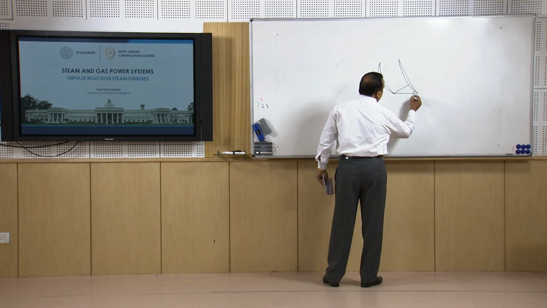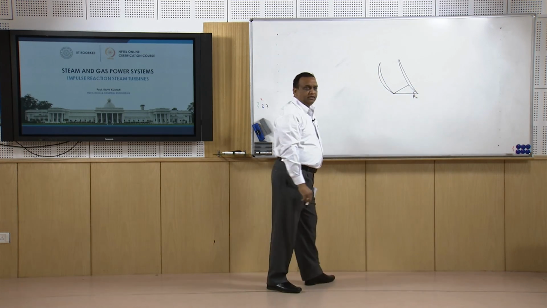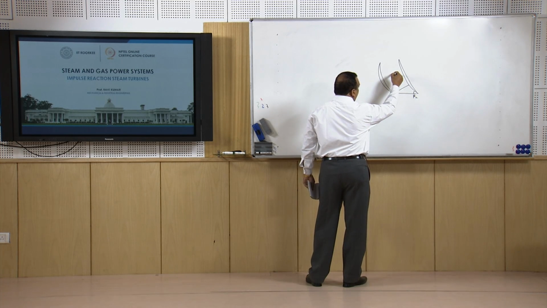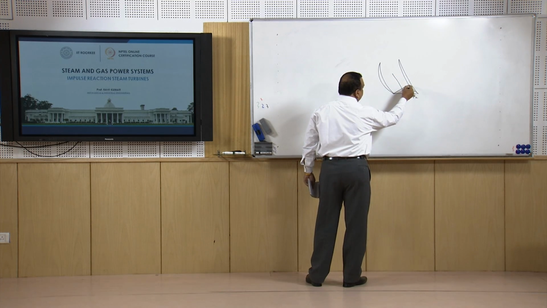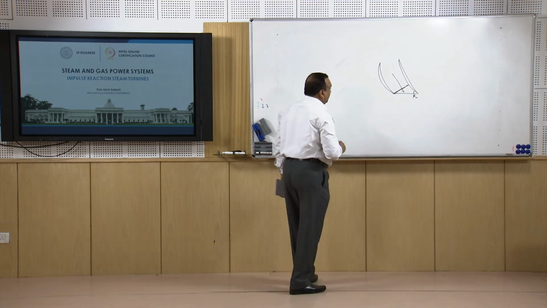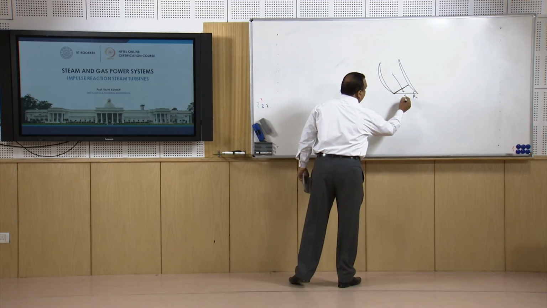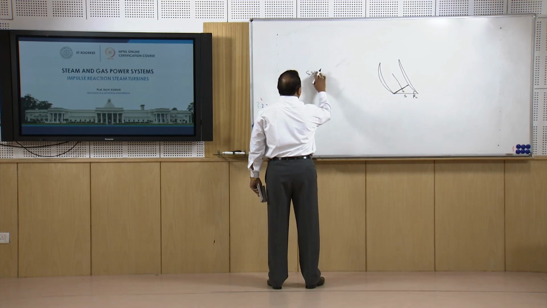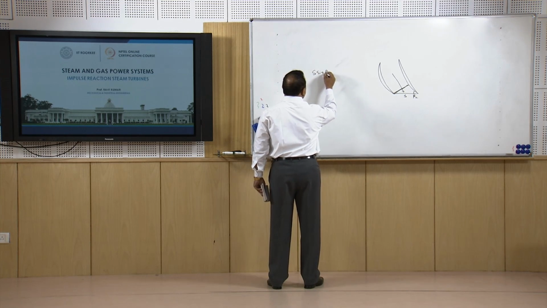This is the blade outlet angle, beta 2, and the passage opening perpendicular to the flow is this much. So, effectively we are using this much of space, and suppose this is S, then this is S sine beta 2.